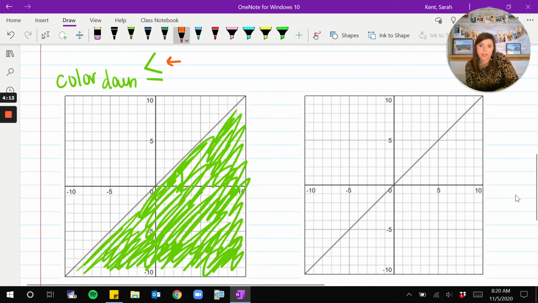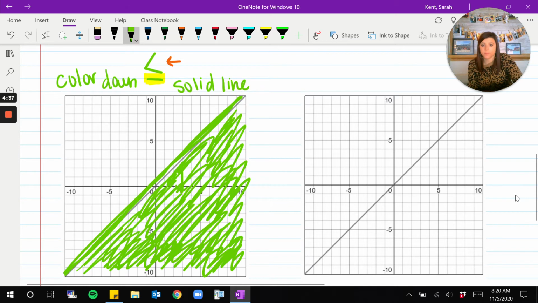And then this time you'll see we have this line underneath our arrow. Because there is a line, I want a solid line on top of my color. So here we color down and we have a solid line, a connected line.